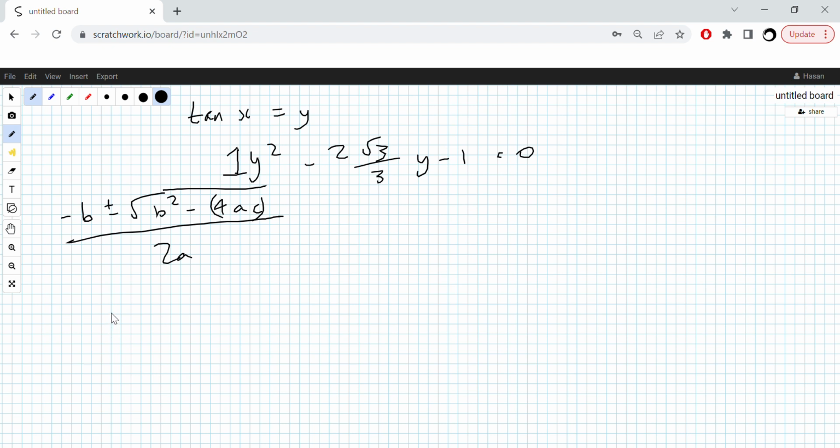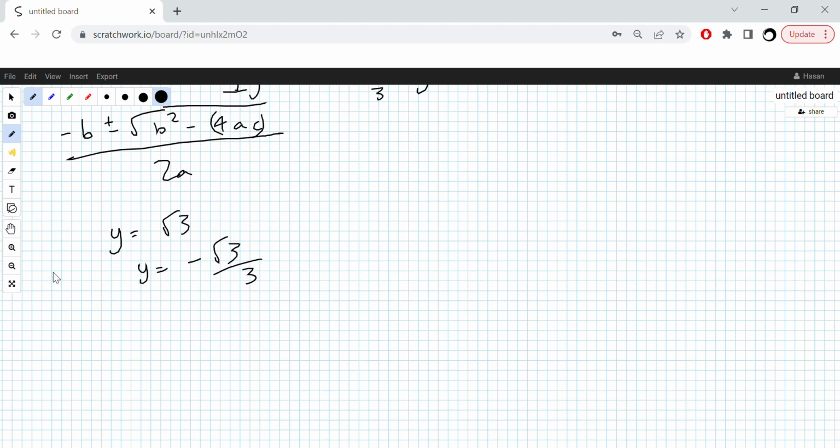When you do that, you would get y equals root 3 and y equals minus root 3 over 3. As we said y is tan x, we then have tan x equals root 3, or tan x equals minus root 3 over 3.